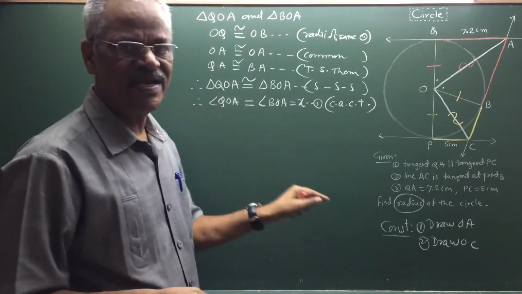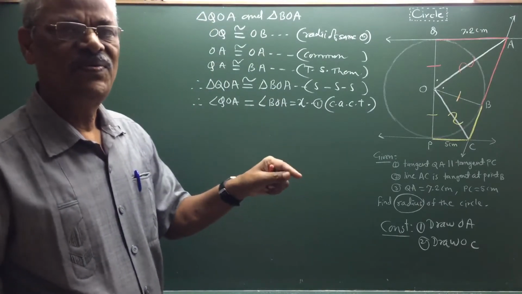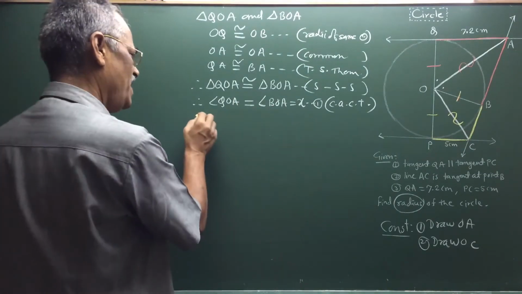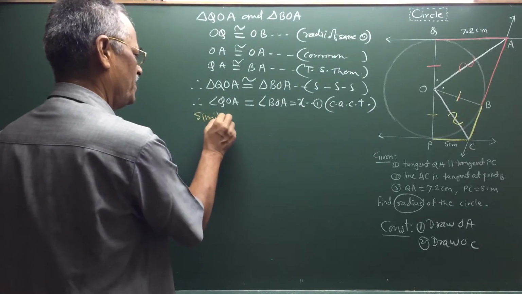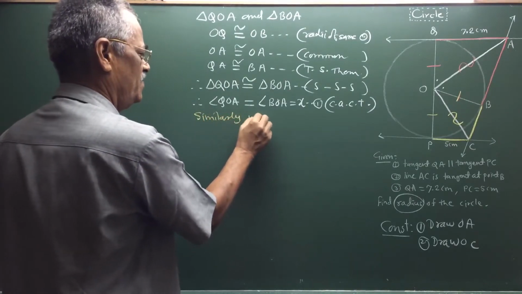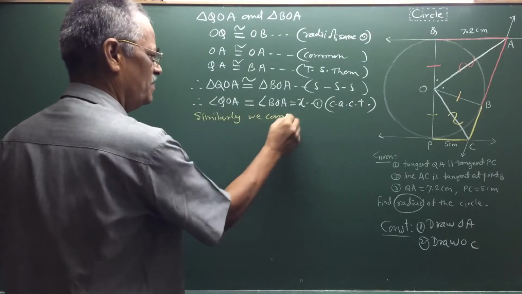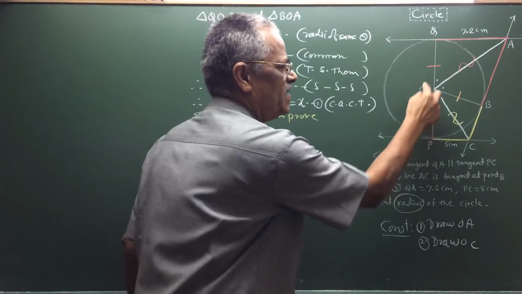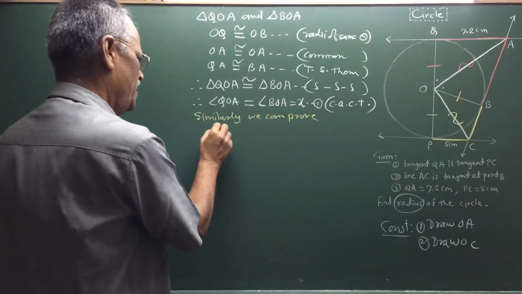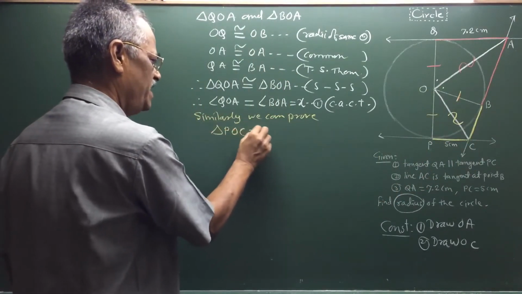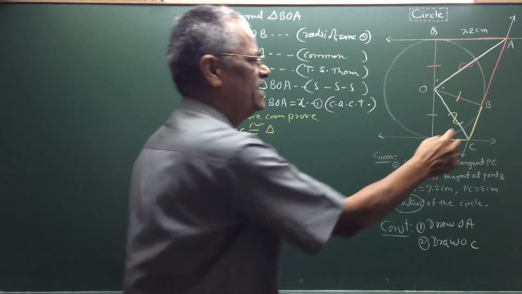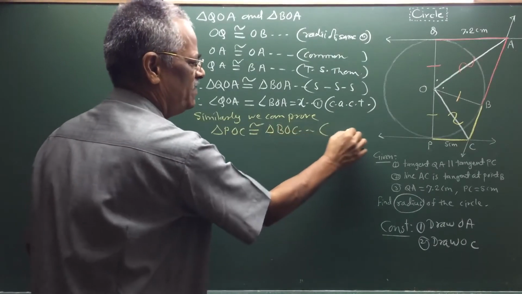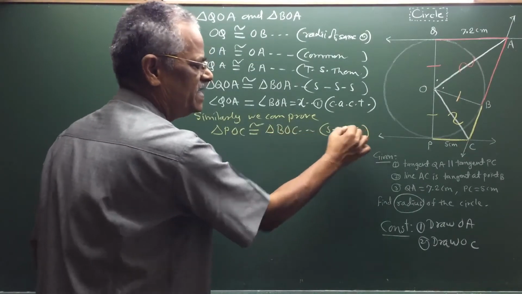All steps are repeating there. Similarly we can prove that triangle POC is congruent with triangle BOC, by the SSS test.